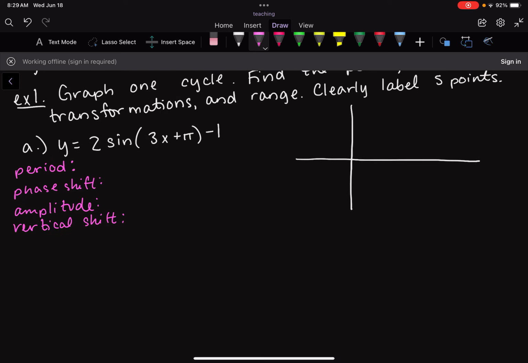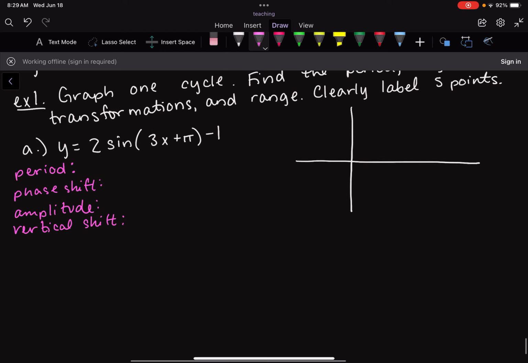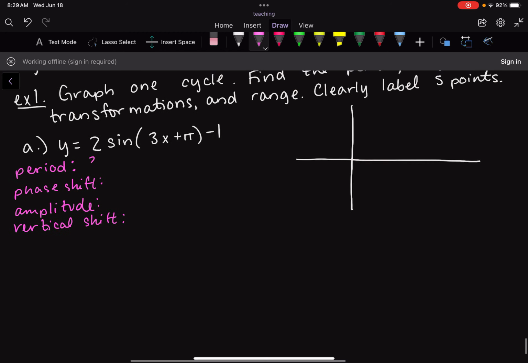So for the period, remember that period is 2 pi over b. Sometimes it'll be helpful to label what your A, B, C, and D are. So our A value here is 2, my B value is 3, my C value, be careful here, it's actually negative pi, and my D value is negative 1.